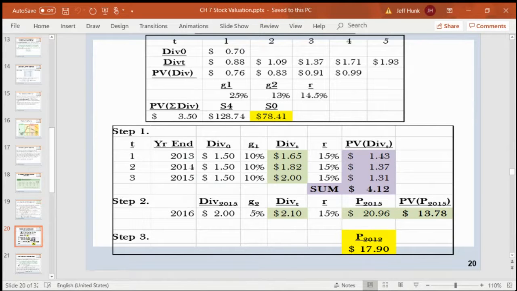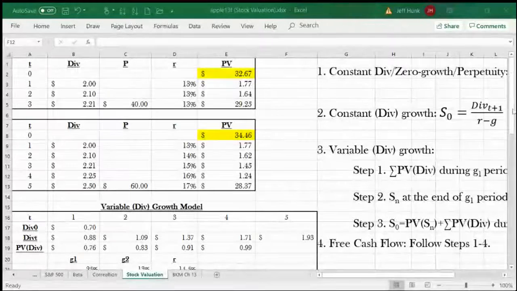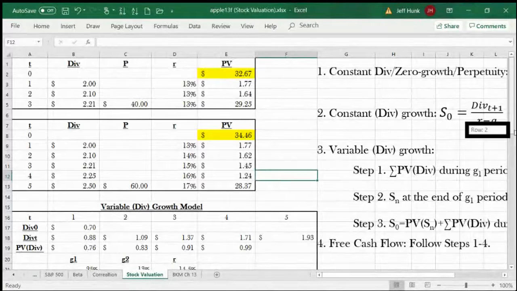I'm going to have to stop sharing. All right, so we're in Excel.